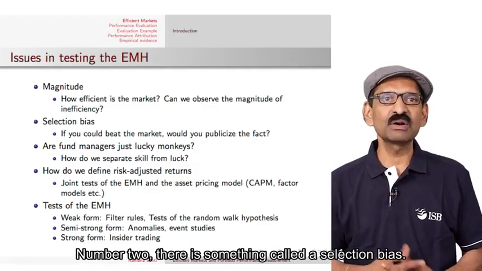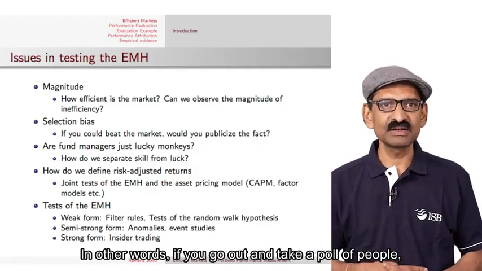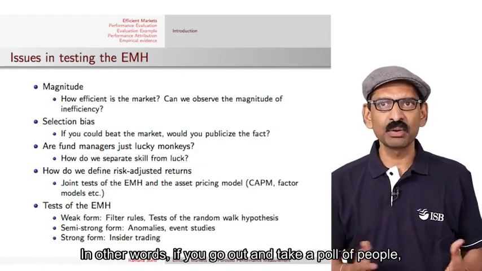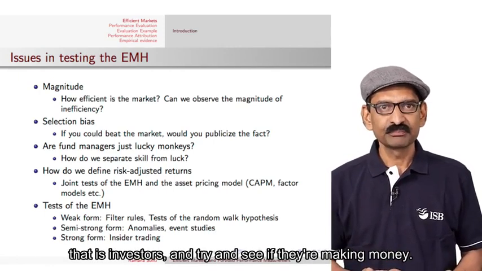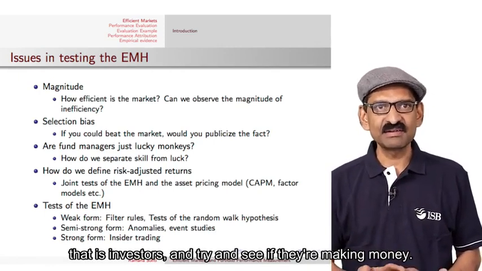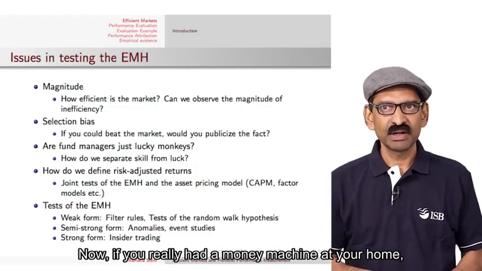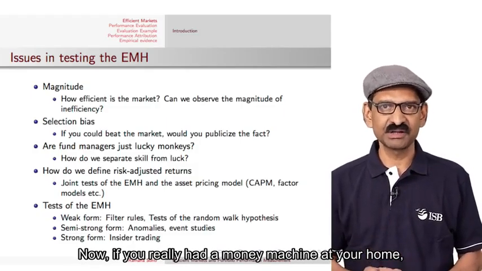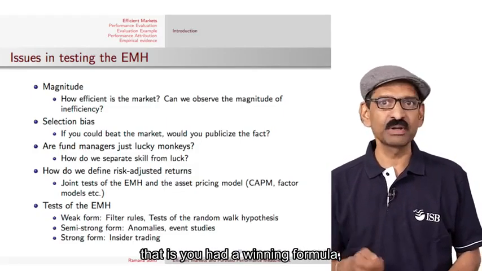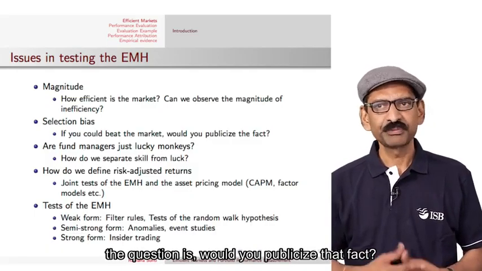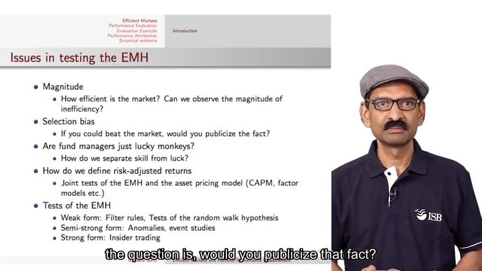Number two, there is something called a selection bias. In other words, if you go out and take a poll of people, that is investors, and try and see if they're making money, now, if you really had a money machine at your home, that is, you had a winning formula, the question is, would you publicize that fact?